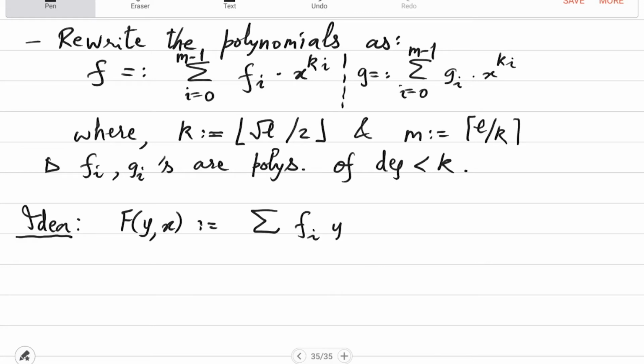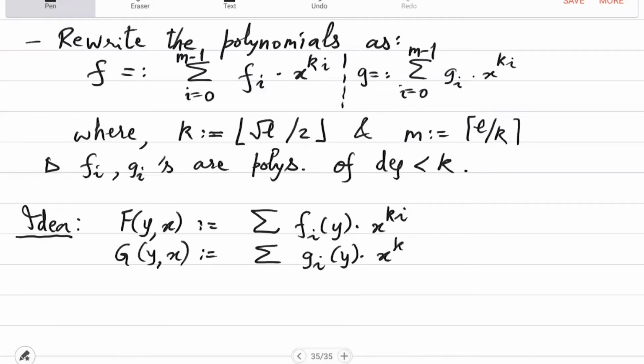So let us consider these polynomials, big F and big G. Define these and then multiply them.